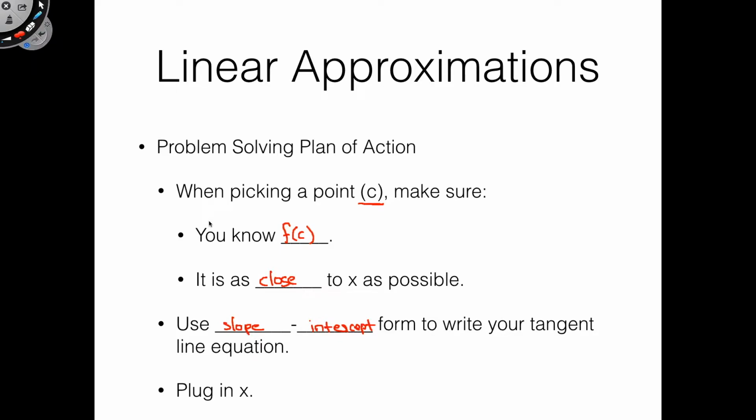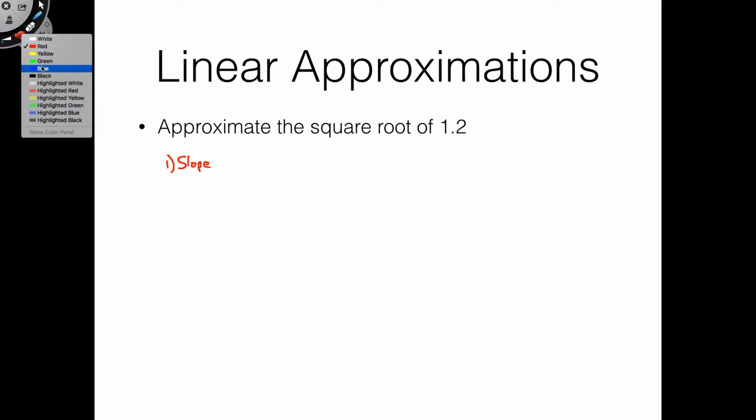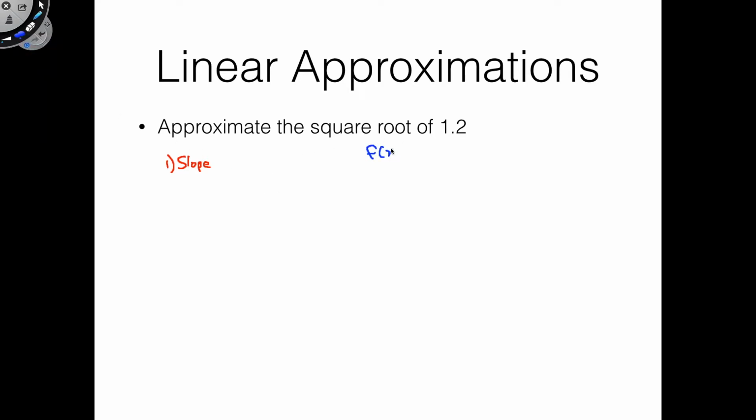Now let's actually try to solve the problem we had in the previous slide. Let's approximate the square root of 1.2. The first thing we need to do is find a slope, so let's go ahead and calculate that. If f of x equals square root of x, that's the same thing as x to the 1/2.